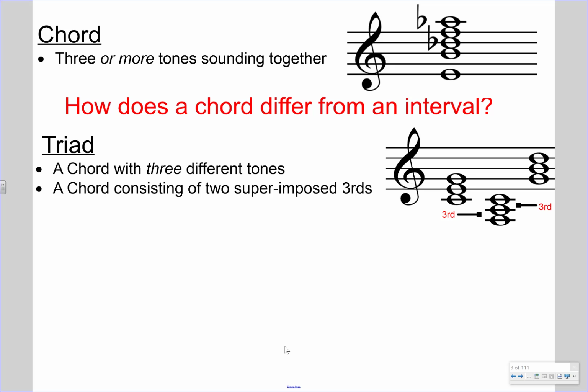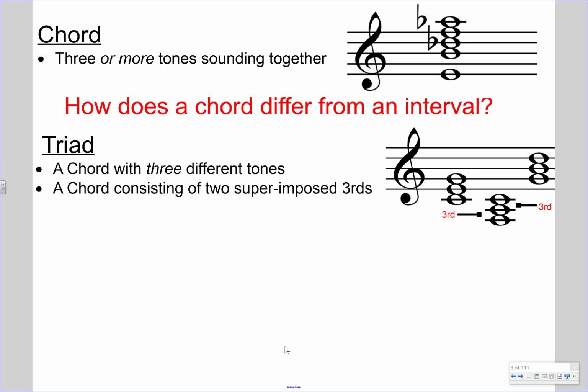Now, a triad is a specific type of chord with three different tones. A triad is a chord consisting of two superimposed thirds. When you hear the word triad, think tri, such as triangle, that has three sides, or a tricycle, that has three wheels.